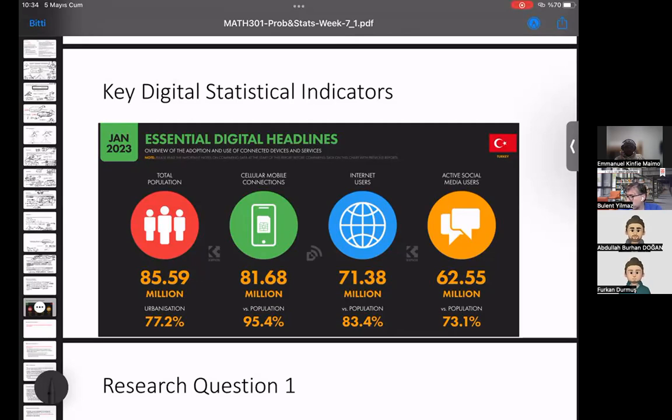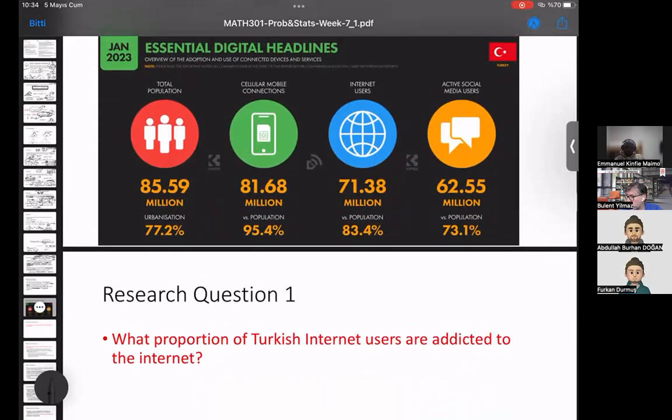So here's my question. What proportion of Turkish internet users are addicted to the internet? Here's my research question. Let's say I am a psychologist and I'm interested in the internet addiction problem. And I have these numbers, 85 million, and 71 million of them are using the internet. So I should be able to say something about over 70 million people, right?